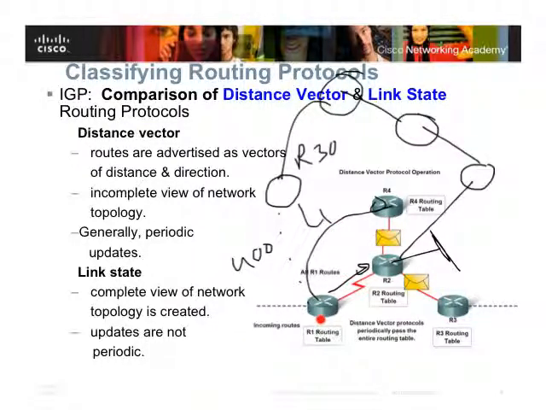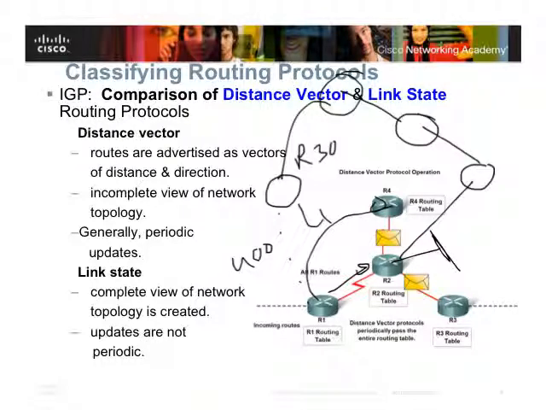So what will happen now? Router 1 will send to router 2, router 2 will send to router 4, router 4 will send to router 1. And it keeps looping like this, because I do not have a complete view of the topology. There's no guarantee that if I send it to router 2, the message will in fact reach router 30.